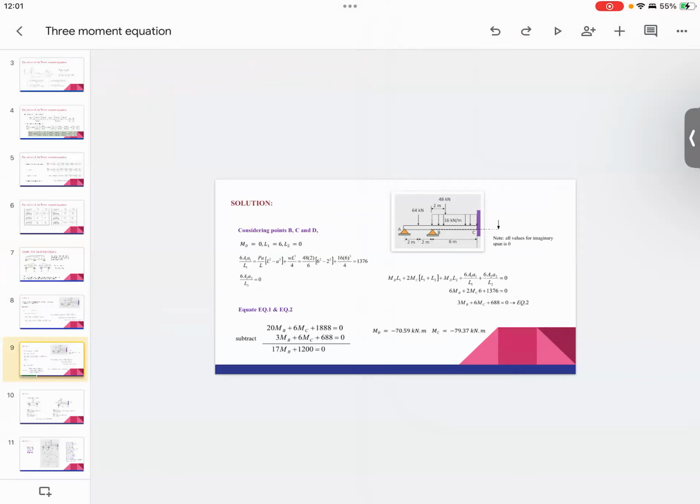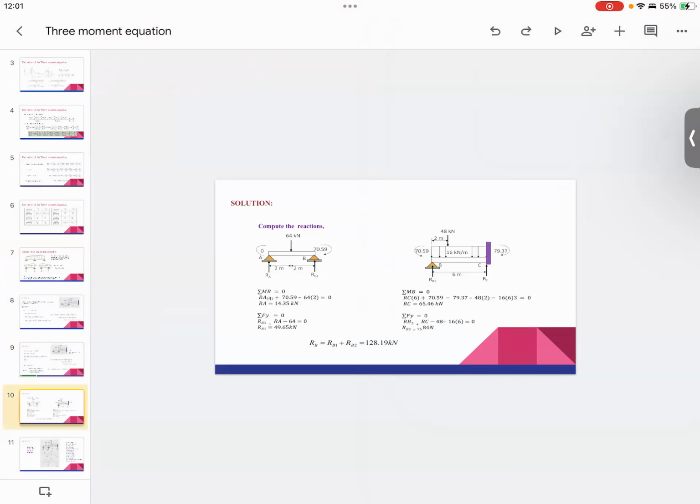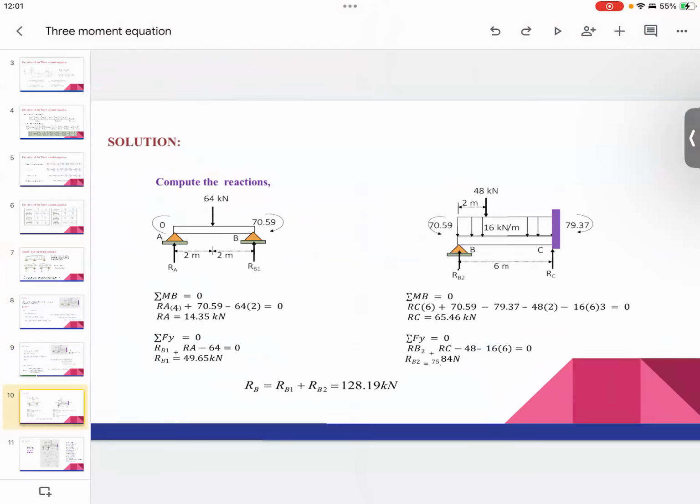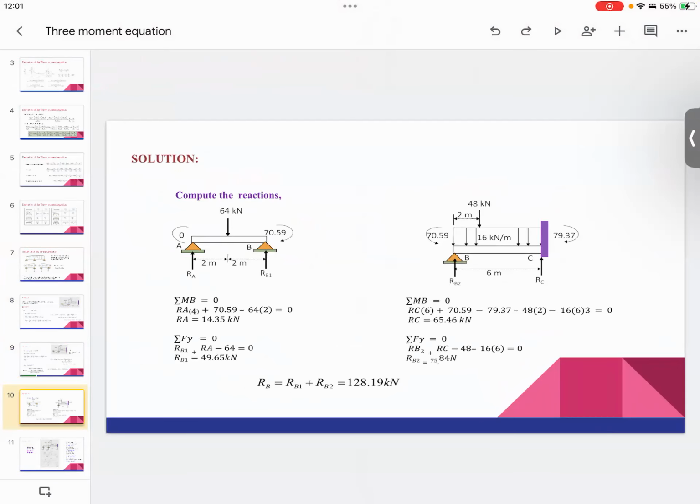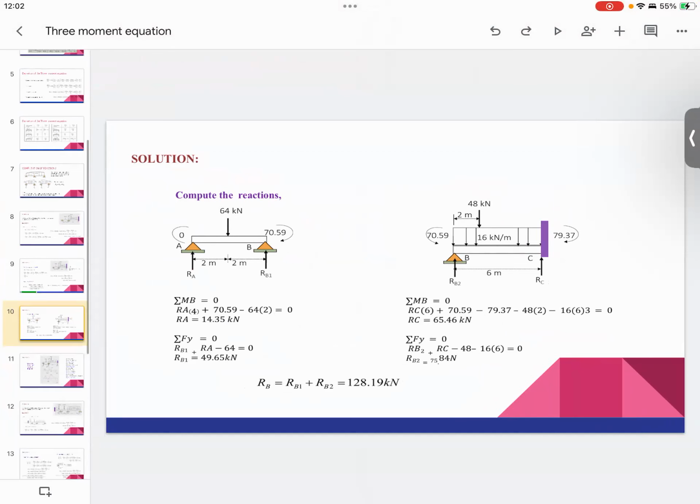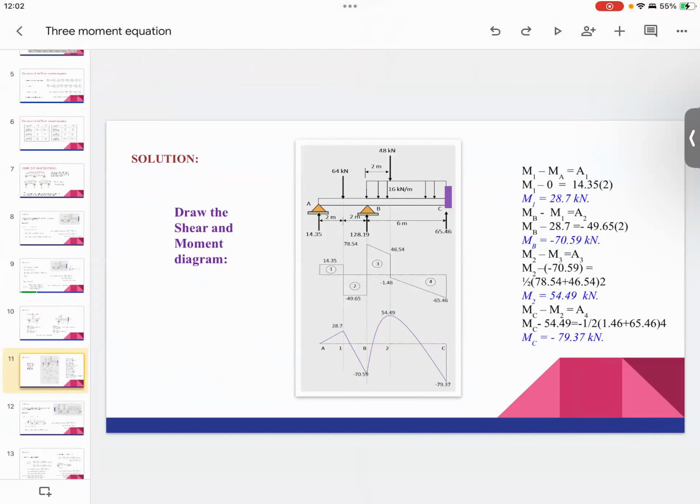Okay, so we have the correct answer, 70.59 and 79.37. Then as I've mentioned, the computation of reactions is already here. No? So you have to put the end moments and then solve for the support reactions. The solutions are already here. Then after solving for the support reactions, you need to draw the shear and moment diagram. Okay, so again, as I've mentioned, medyo procedural po yung, or procedural yung process niya, no?